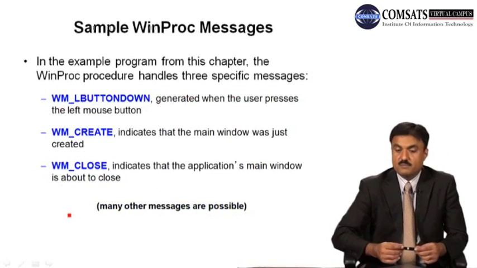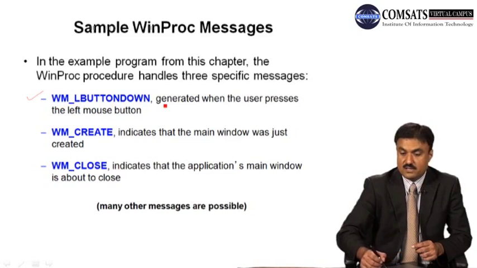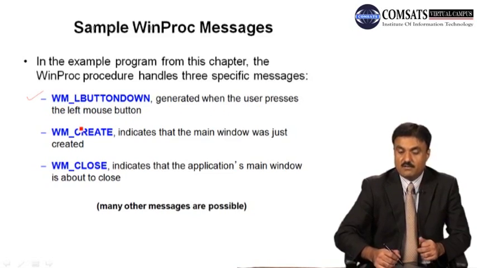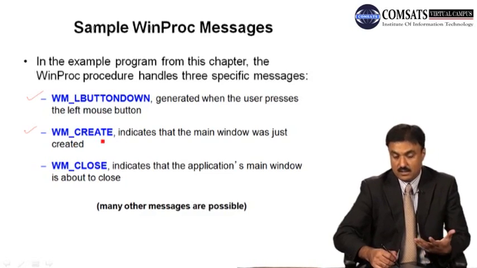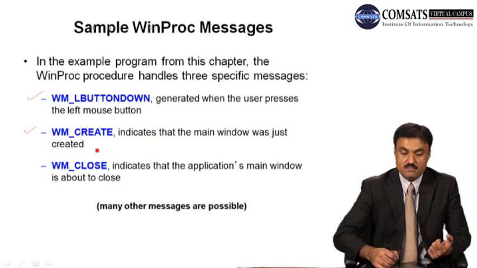Now this is a sample Windows procedure message. For example, one is WM_LBUTTONDOWN, which is generated when the user presses the left mouse button. Another is WM_CREATE, which is sent towards your application when a new main window is being created.